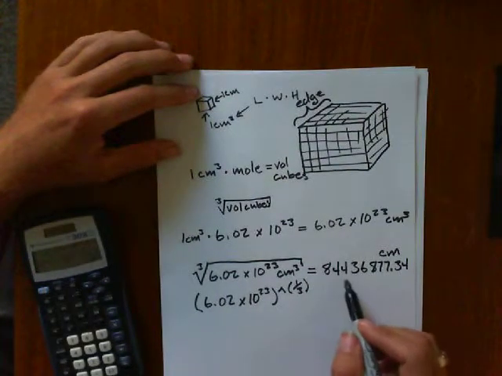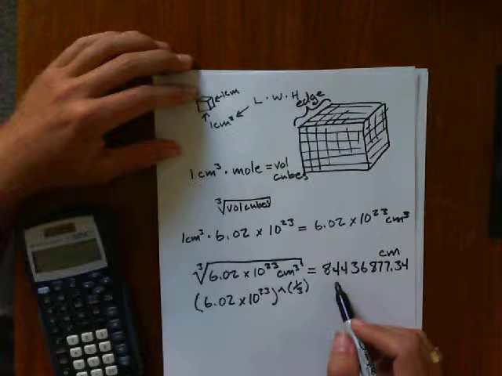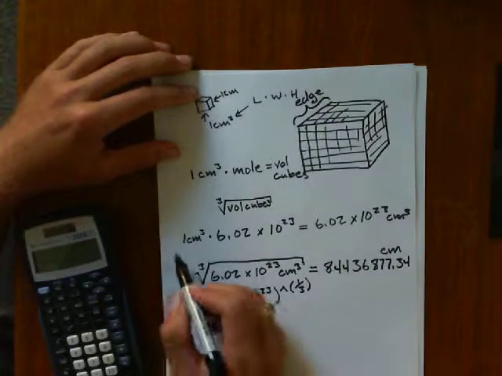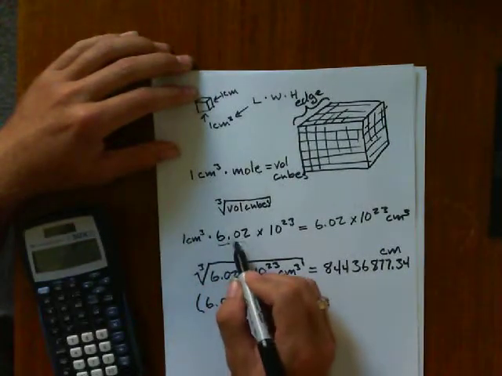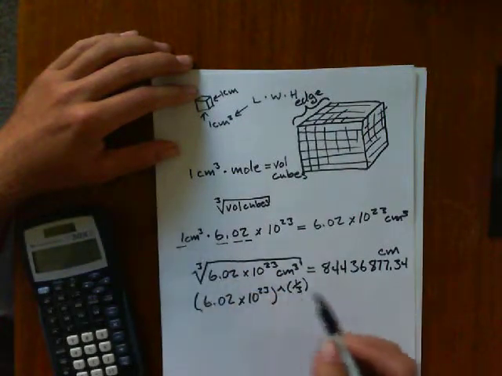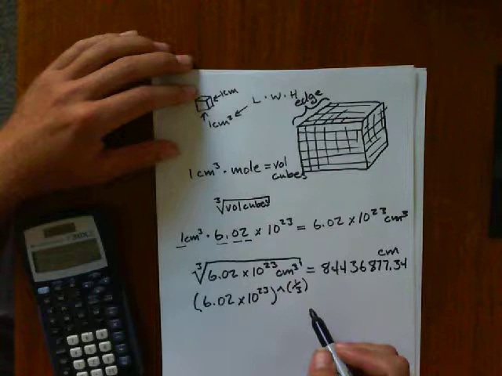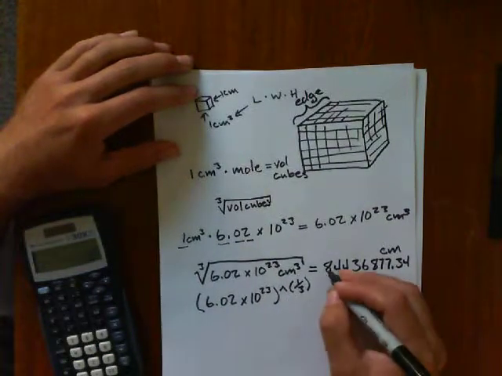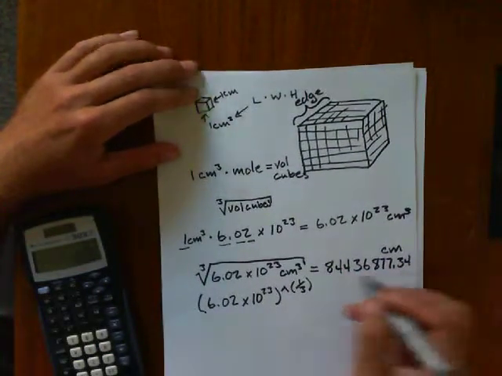This is not quite right because of sig figs: we have 3 sig figs on the molar mass and 1 sig fig on our single cube. So that means we can only have one significant figure here.